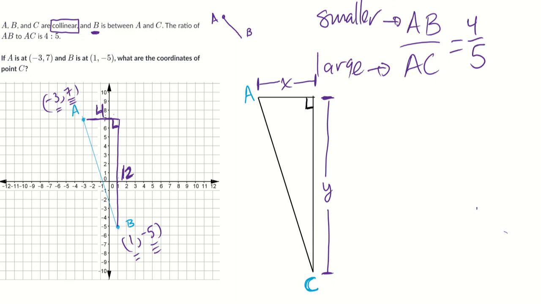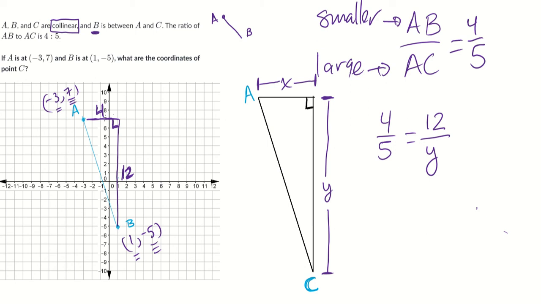It was smaller segment to larger segment, but because these are similar triangles, these ratios all have to be the same. So if I was going to go from the small AB to the larger one AC, that's 4 to 5. So the ratio is all 4 to 5. If I was going to go from the smaller triangle where I've got a change in y of 12 to the larger triangle when that change in y is y, I don't know that value, right?